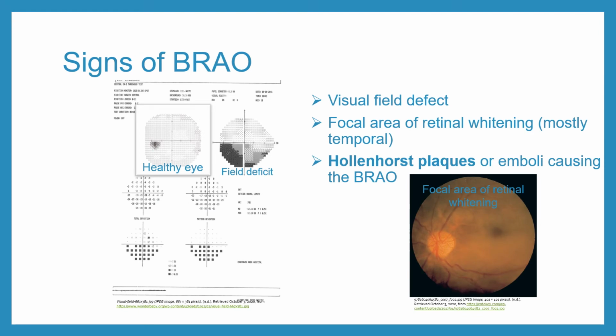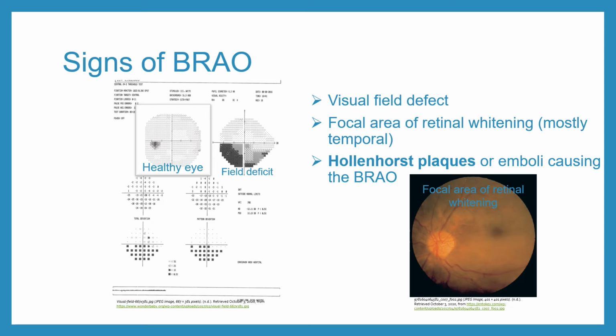And when we observe the eye, we might be able to see a focal area of retinal whitening, usually on the temporal side of the optic disc. And this is because of pallor caused by not enough blood flow to that area.